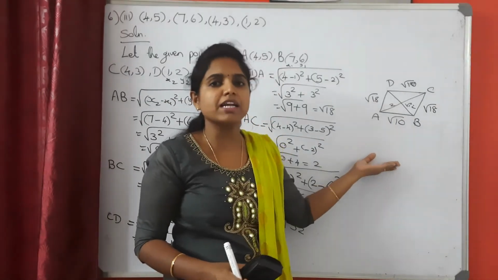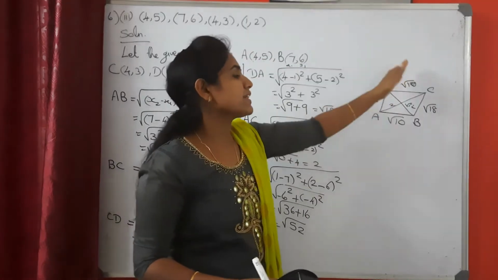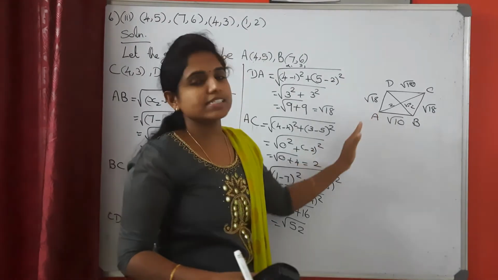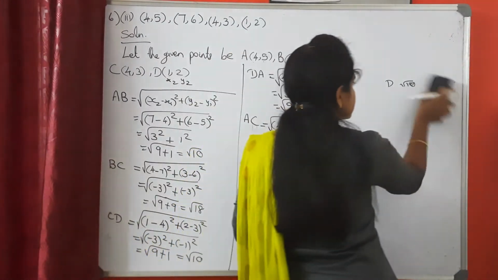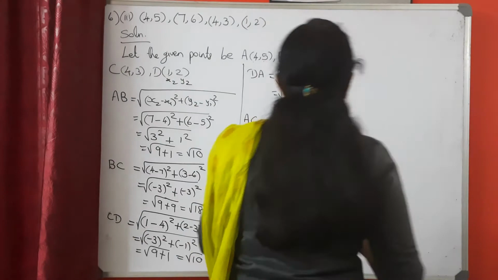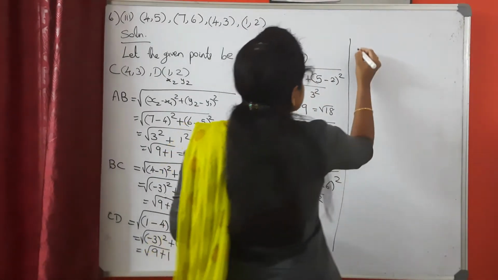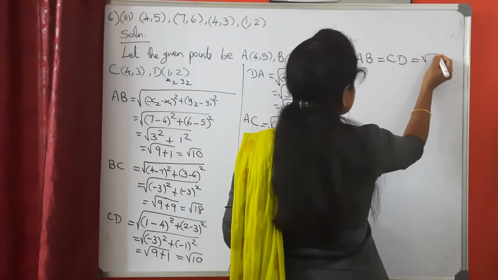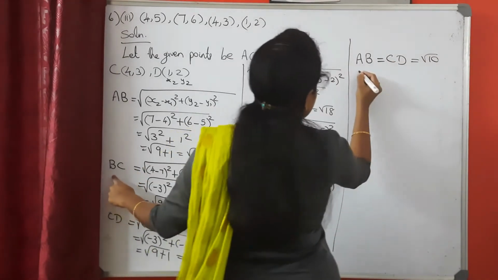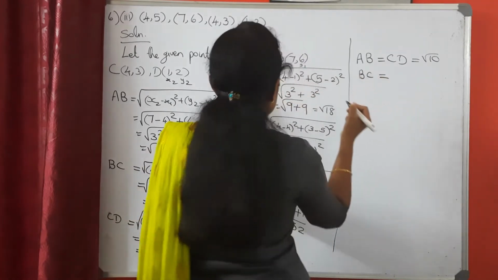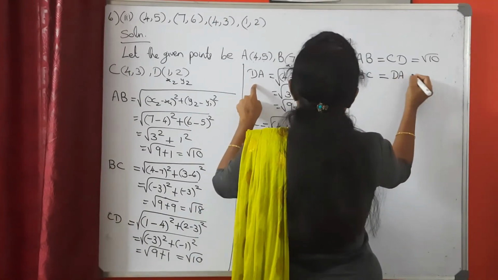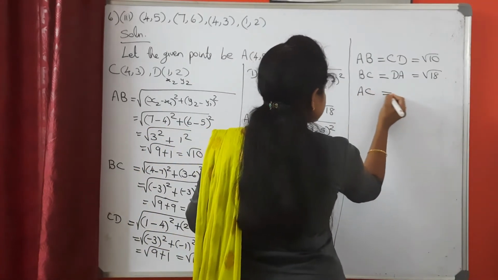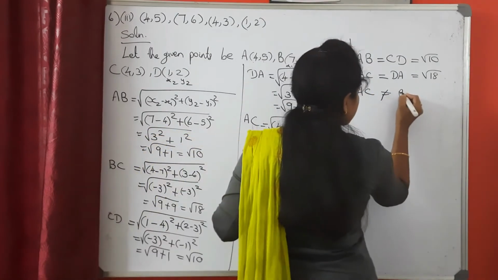What is the definition of a parallelogram? Opposite sides are equal and the diagonals are unequal. Then we can say it is a parallelogram. So then you write AB equal to CD equal to root 10 and BC equal to DA equal to root 18 and AC not equal to BD.